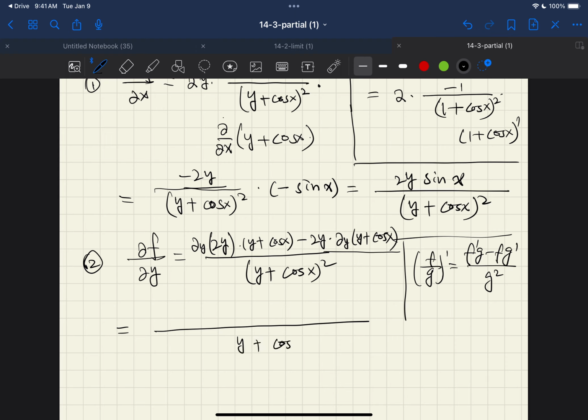We copy the denominator and the numerator.